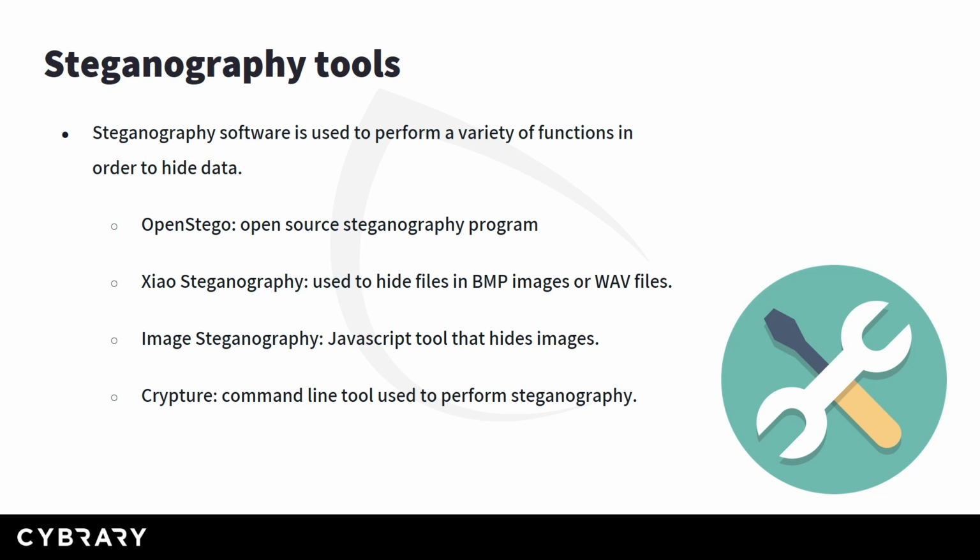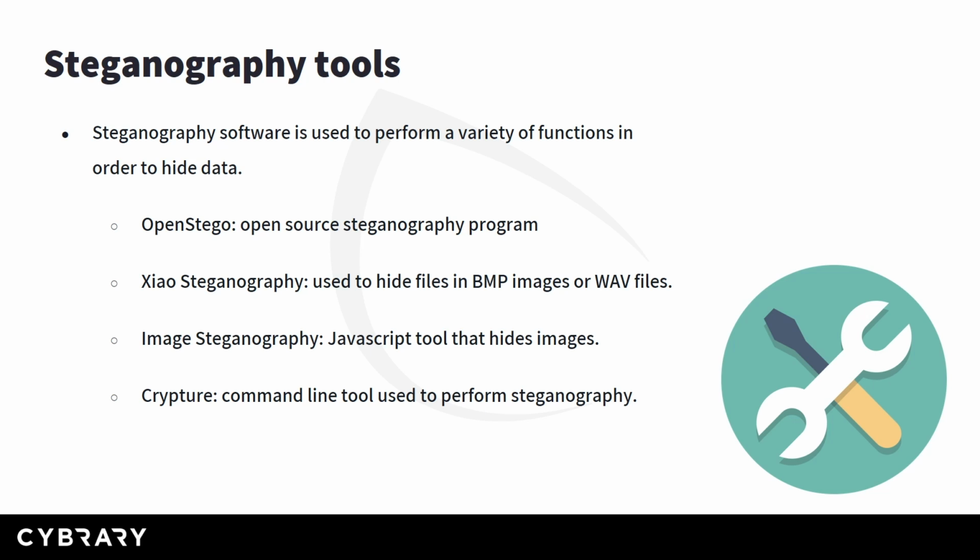There are proprietary as well as open source and free-to-use programs available for doing steganography. OpenStego is an open source steganography program. Other programs can be characterized by the types of data that can be hidden as well as what types of files the data can be hidden inside.